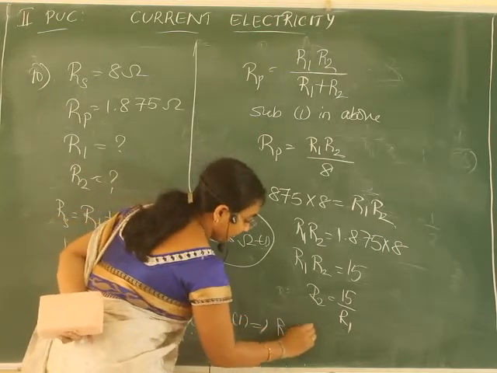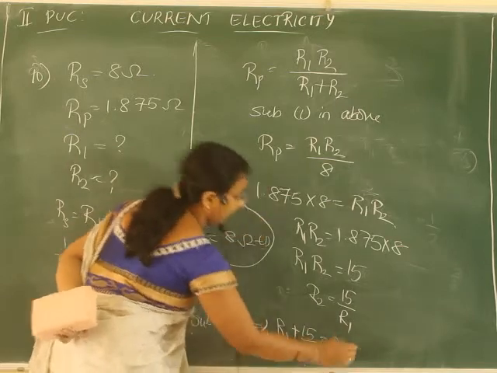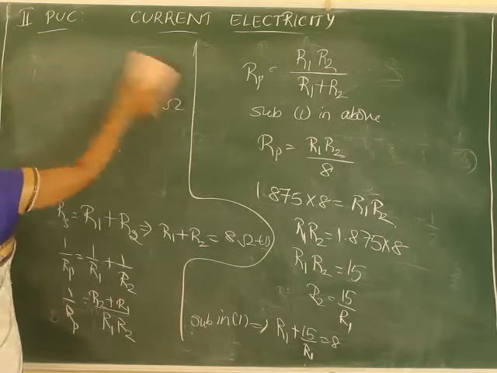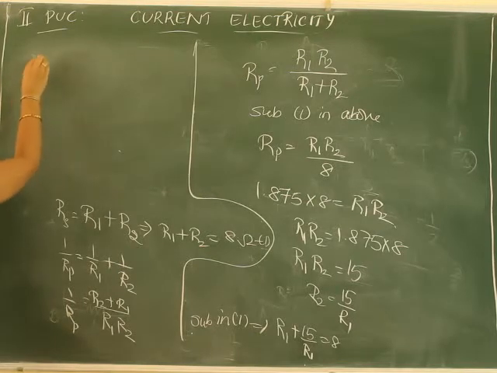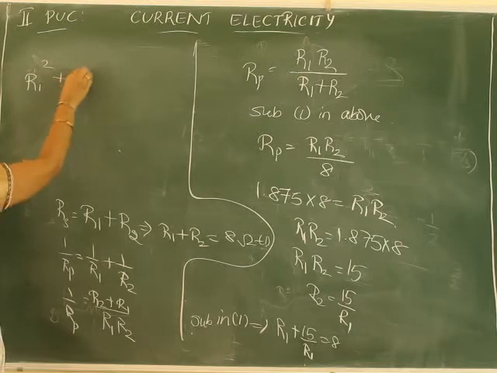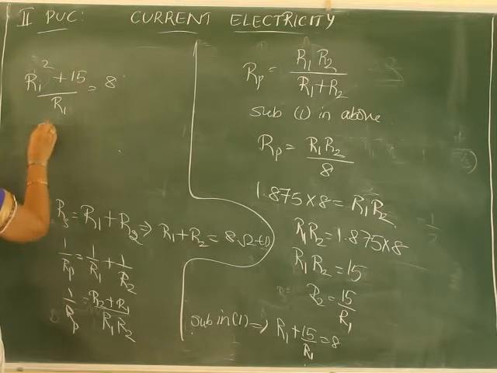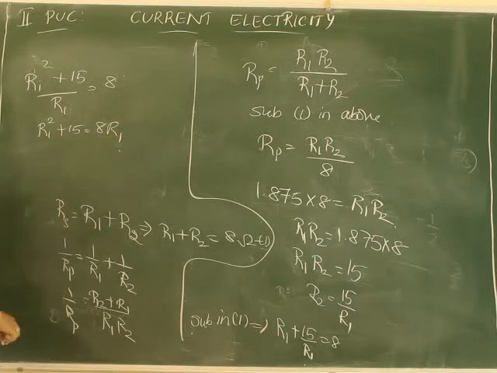R1 plus 15 by R1 is equal to 8. Shall I erase this? Okay. So what is the next step? R1 square plus 15 divided by R1 is equal to 8, or R1 square plus 15 is equal to 8R1.